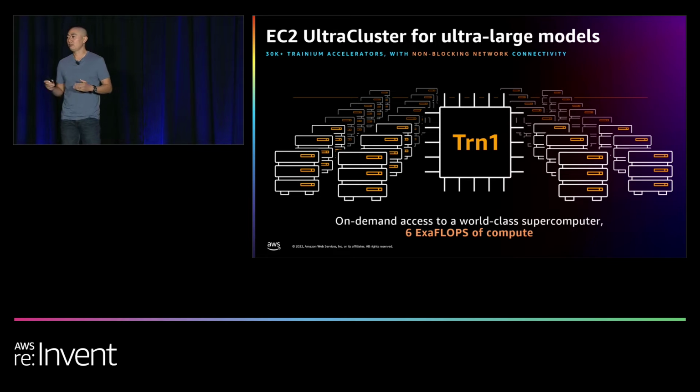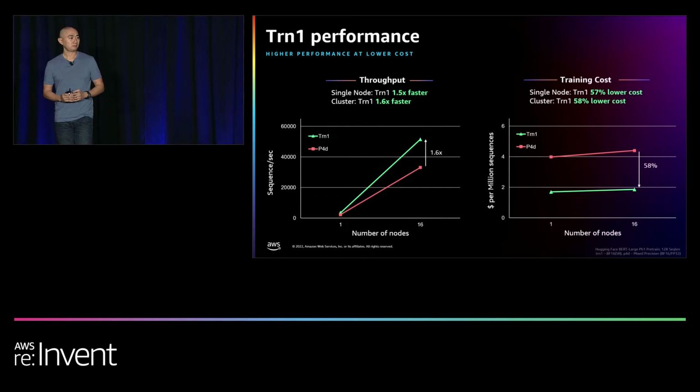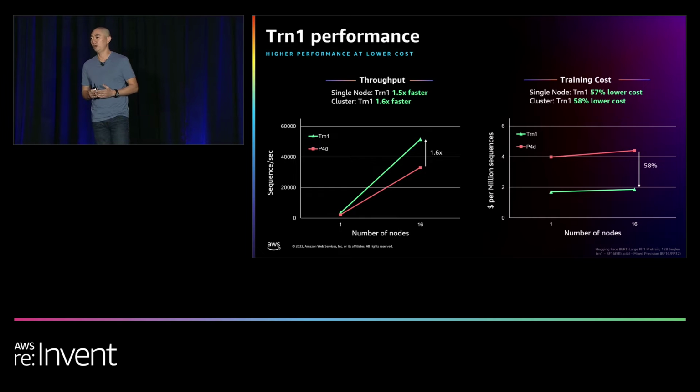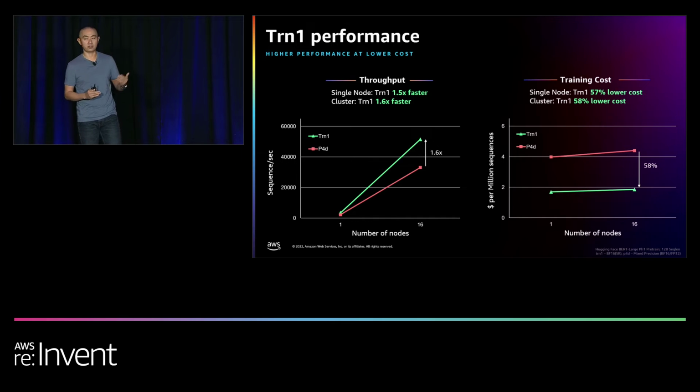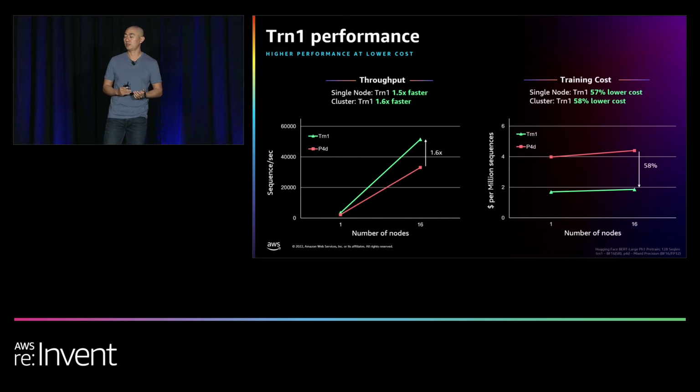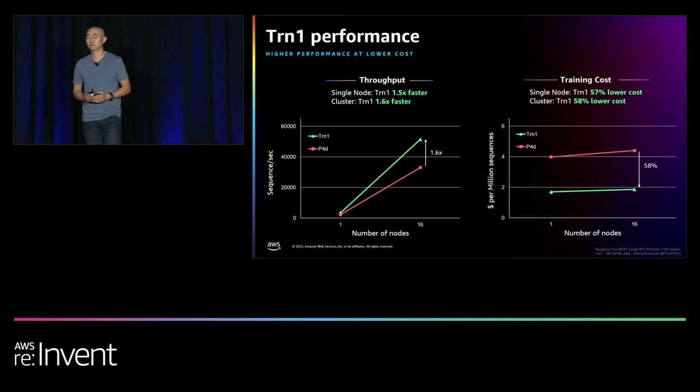Now, with all these capabilities, how does TRN1 perform? We've run a few benchmarking tests using the BERT large model and compared TRN1, here in green, against P4D, in red.